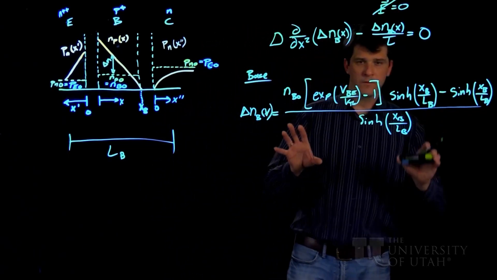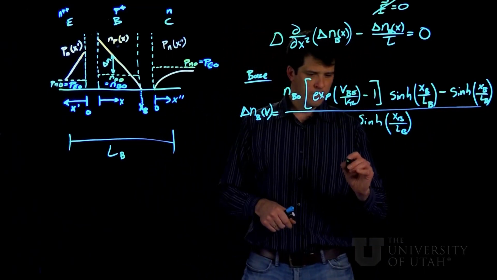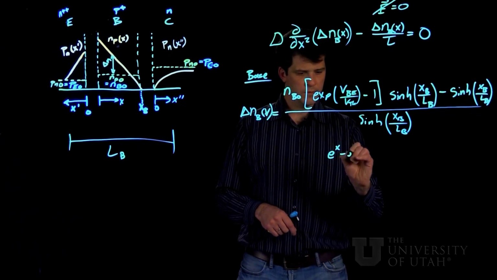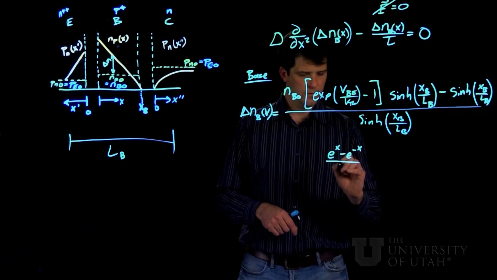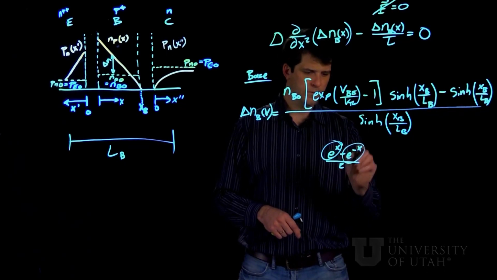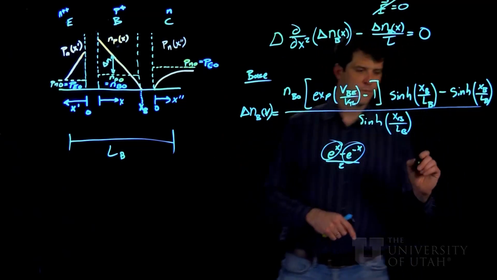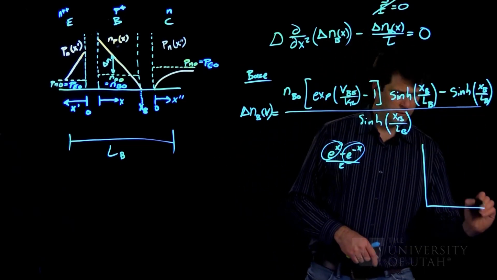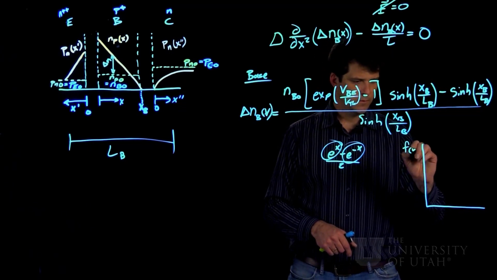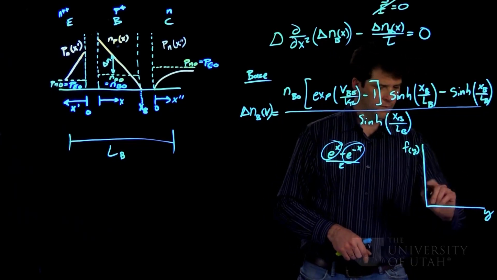Now, these sinh functions look a little scary, but let's remember that the sinh is e to the x minus e to the minus x over 2. And so if we can approximate both of these functions and linearize them, we can greatly simplify this whole expression. So I'll draw here the actual sinh function as a function of some coordinate y.